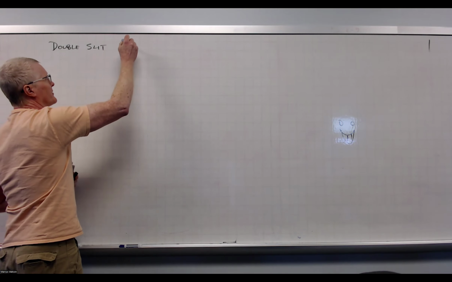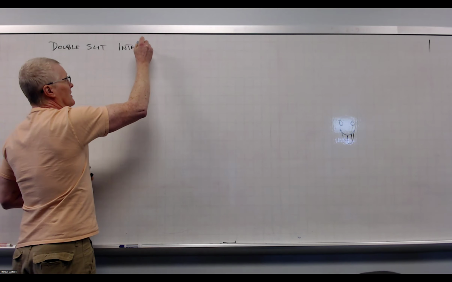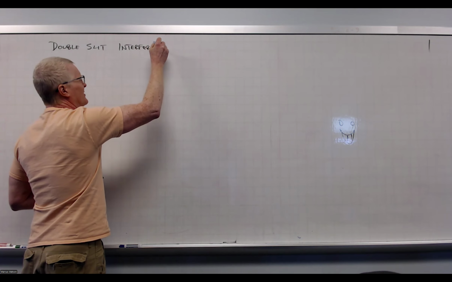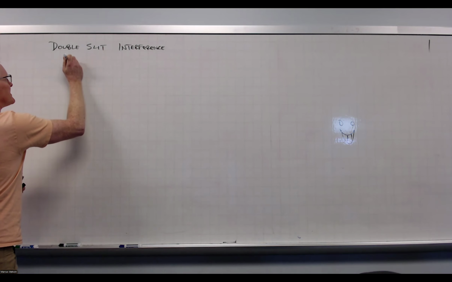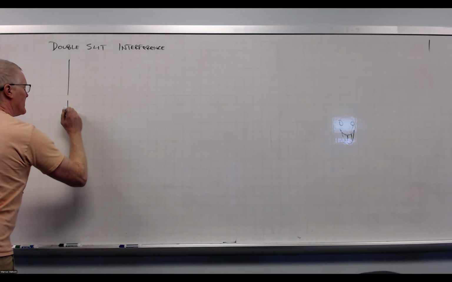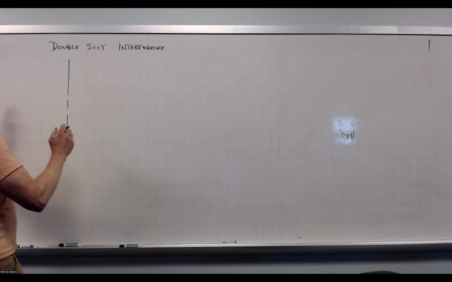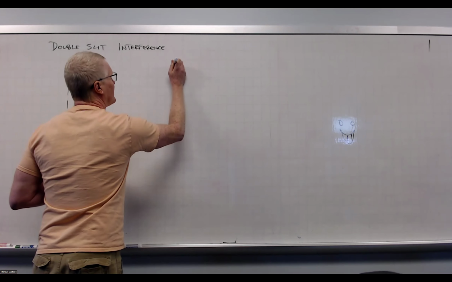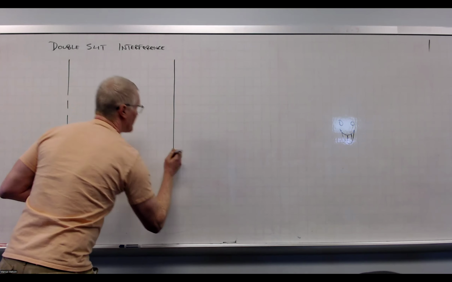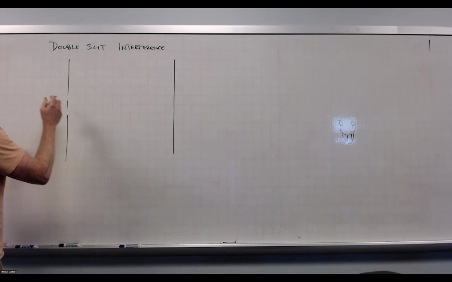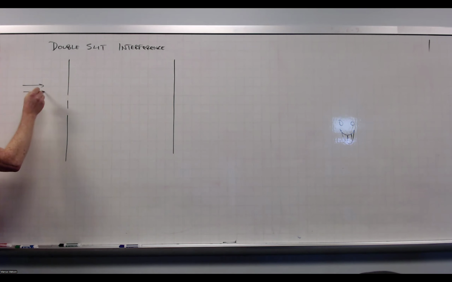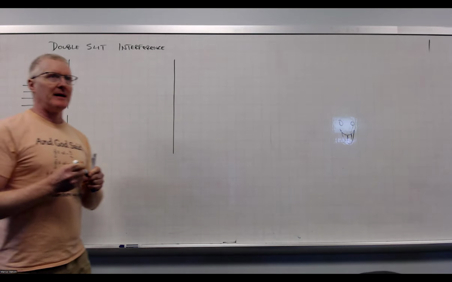So this is double slit interference, and what we've got here is the basic setup: a screen opposite a thin piece of material with two slits in it. All right, we have a light source back here, which is emitting light towards the slits like that.